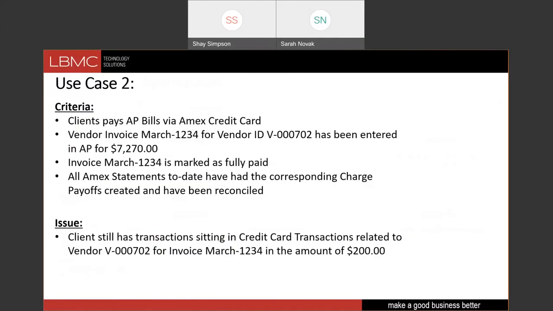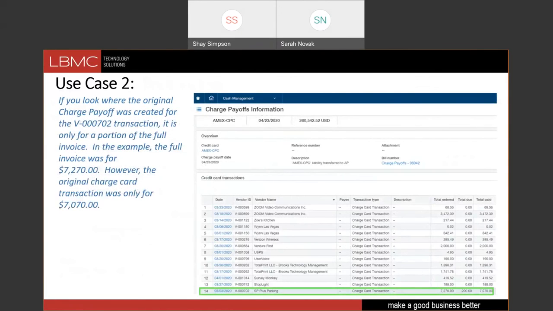And so, again, we had to walk through the why. It's marked as fully paid. We don't owe anything to this vendor. Why do we have these credit card transactions sitting out here in the amount of $200, and yet all of our statements have been reconciled? So we had to start digging through this to see what was causing this.